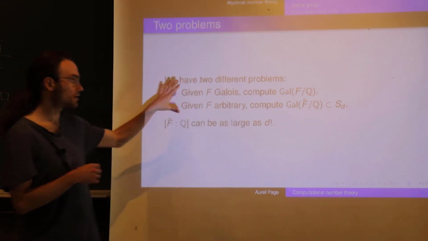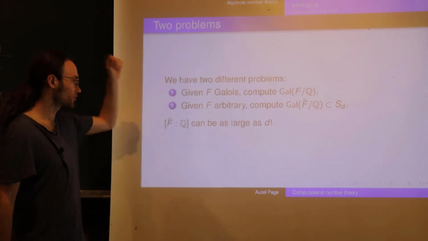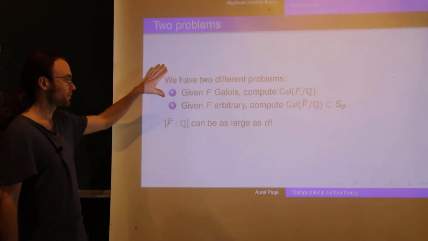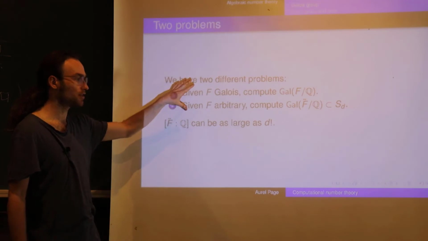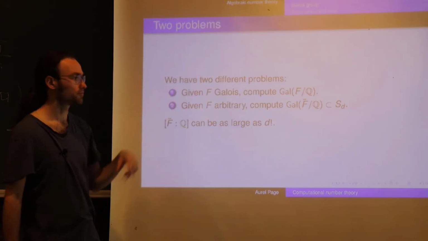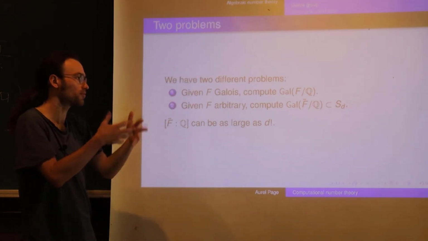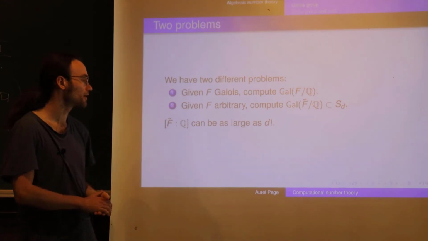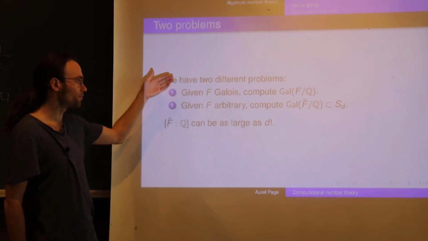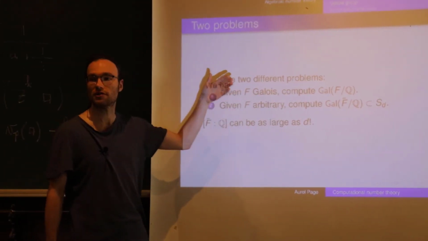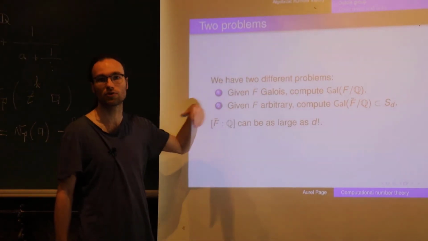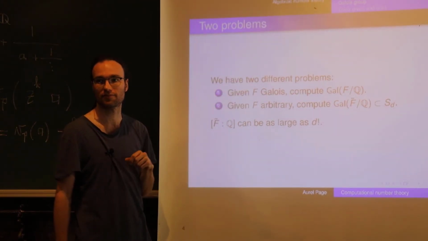Okay, so this is one instance of what I mentioned also in the first lecture. You can have very different types of inputs for a given mathematical problem, but because the input is so different, it's not actually the same problem and you won't have the same complexities.